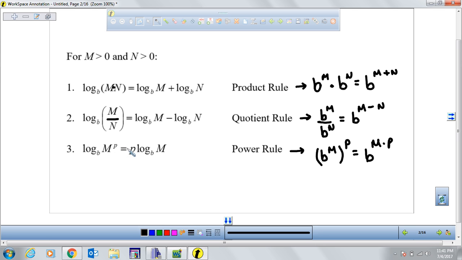So we multiply the power. This power that we have here, we multiply times the log, which represents the other power. That's the same as saying that you bring the power to the front and multiply it times the log. So these are the three basic properties of logs that we're going to be covering today in this section.